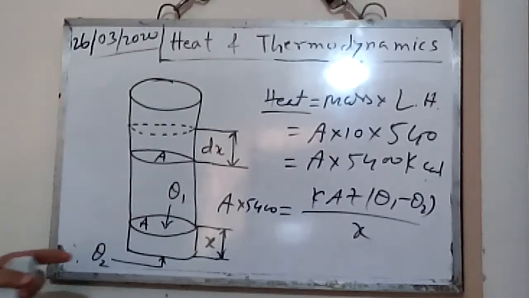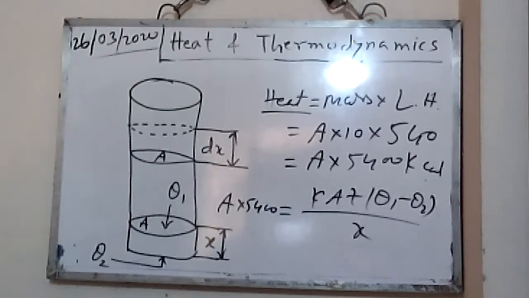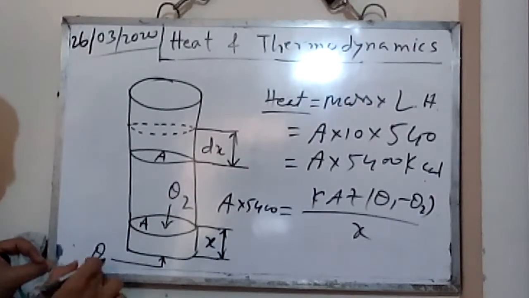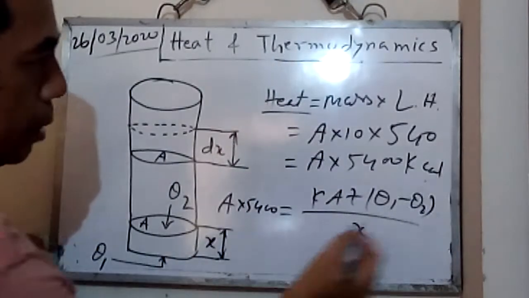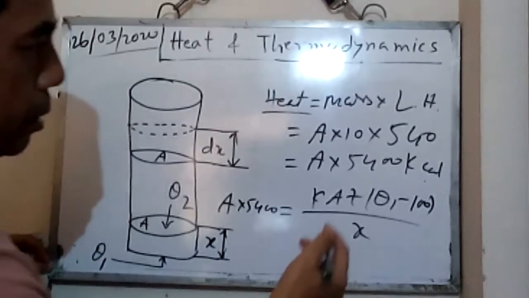Suppose this is theta 2 and this is theta 1. Theta 2 is given, theta 2 equal to 100 degrees Celsius.